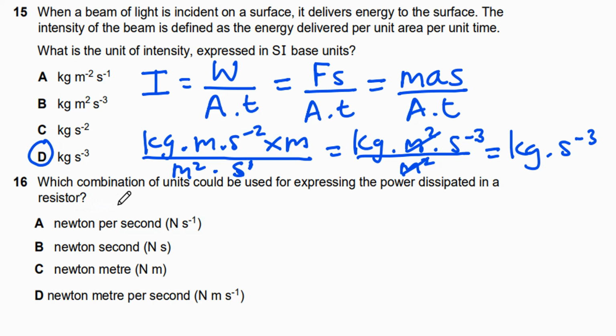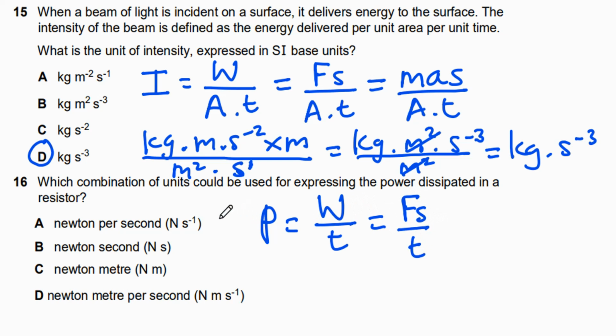In number 16 it says, which combination of units could be used for expressing the power dissipated in a resistor? So we can start with the definition of power. It's energy over time or work done per unit time. So W over t. And work we know is force times the displacement. Now, what's important to note here is that N, in other words, the Newton, is part of all these answers.